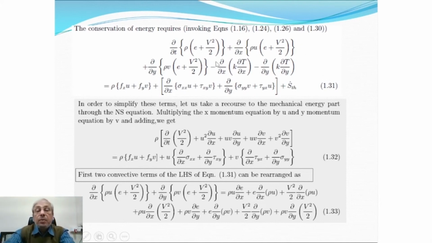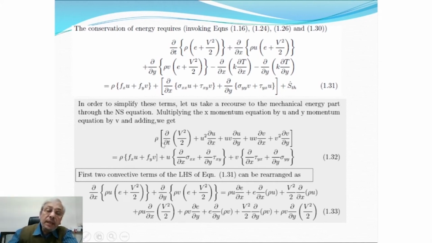But we want to know basically the energy equation governing the thermal energy. So for that, we have to subtract mechanical energy from this. In order to find the mechanical energy, we multiply the x component of momentum equation by u and the y component of momentum equation by v, and then add them up.